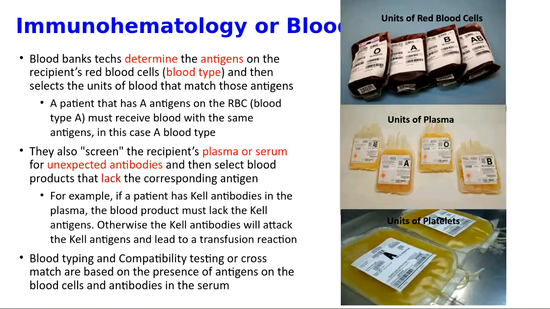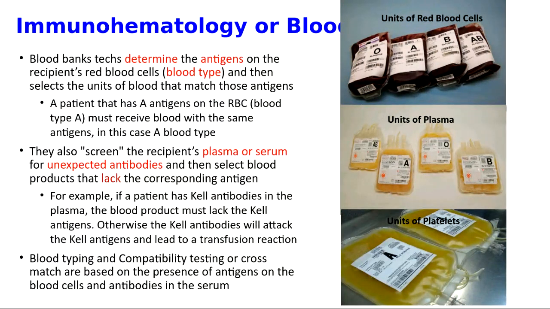And that means that we have to do compatibility testing or cross-matching to make sure that you are receiving the right blood product. Otherwise, antibodies in the donor's unit, the one that was donated, can attack your blood cells and can lead to a fatal transfusion reaction.